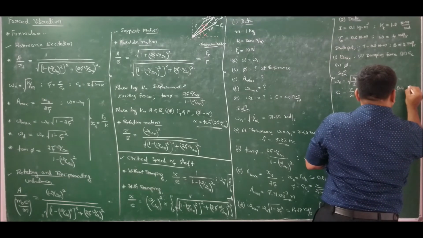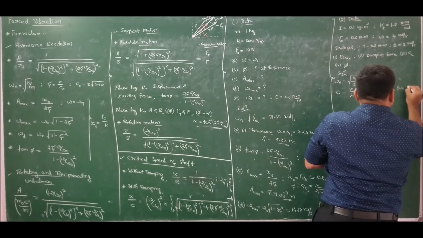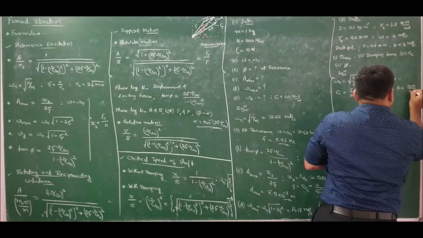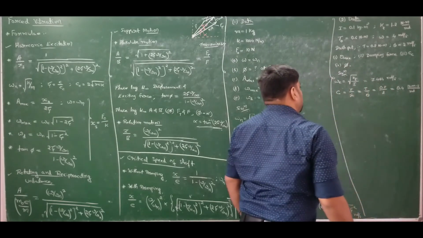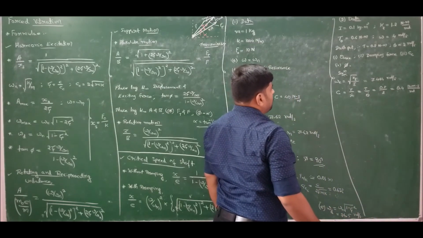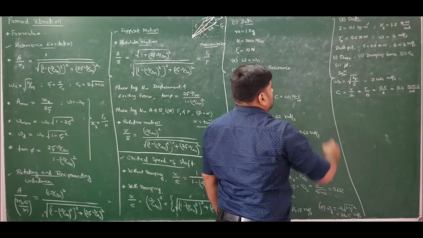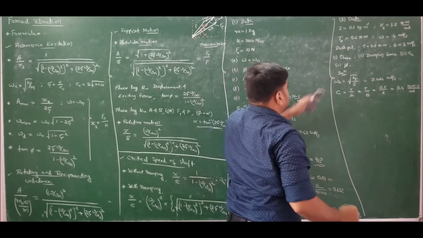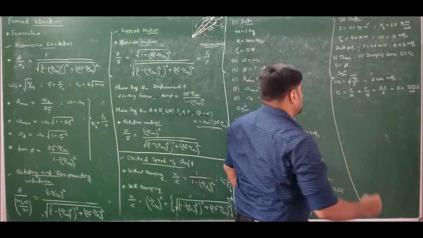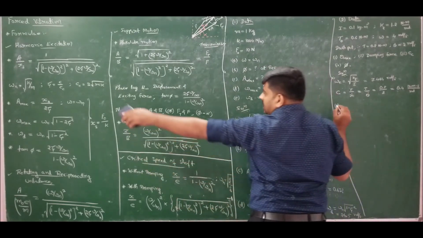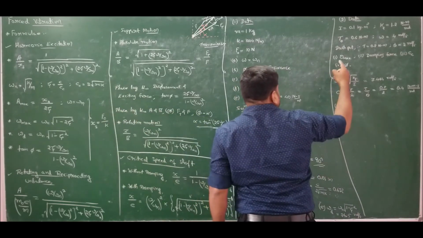0.4, it is damping torque, Newton meter per radians per second. So Newton meter second per radian is the unit I am going to get. What else can we calculate? Now coming to theta max. Theta max is the maximum displacement. We know that maximum displacement is A max, here it is theta max.